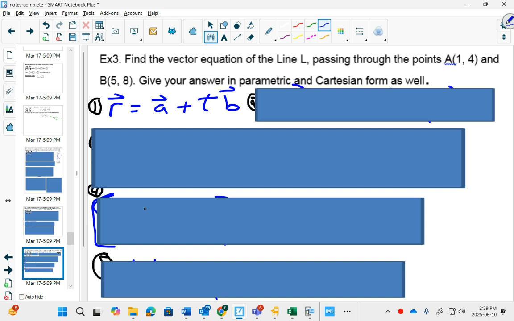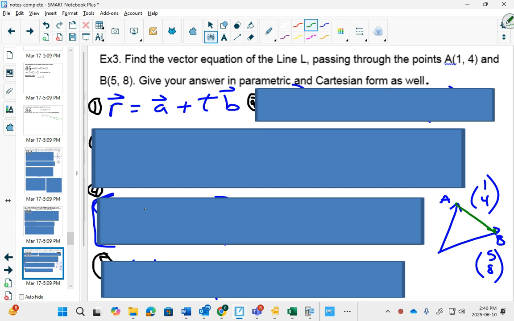We're also going to need the direction vector. So remember, if you have point A, which is (1, 4), and you have vector B, which is (5, 8), and these are, I wrote them as points, I'll write them as vectors. There we go.